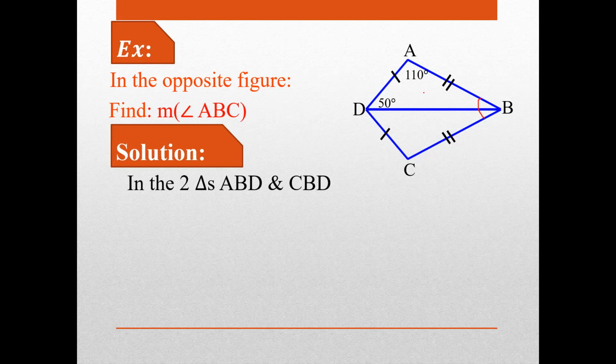We have two sides, so the third condition may be an angle, making the case two sides and the included angle, or the case will be three sides congruent to the corresponding parts in the other triangle. We see that DB is a common side, so the case will be three sides.